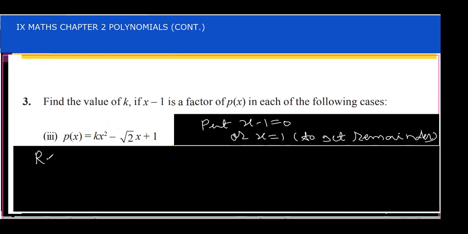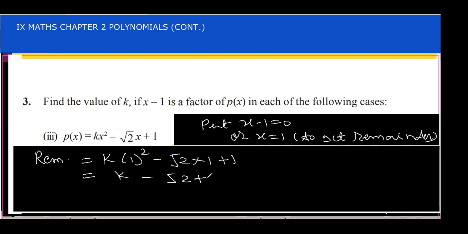So remainder is equal to k as it is, that is k minus root 2 plus 1.